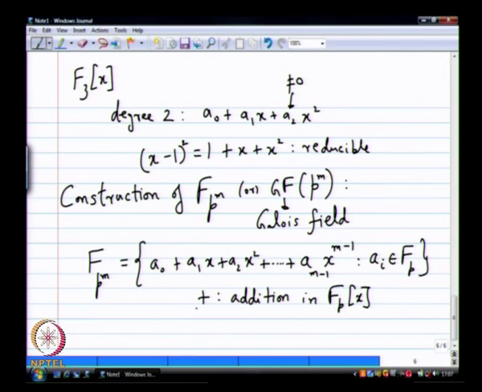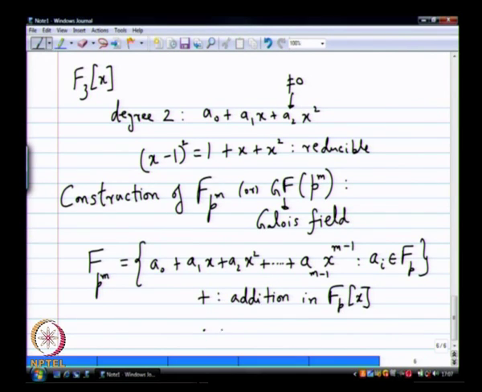You add any two polynomials of degree less than or equal to m minus 1, you will definitely get a polynomial of degree less than or equal to m minus 1. There is the 0 polynomial which acts as the 0, and every element also has an inverse. You simply take minus of that, you get the inverse, and it is also in the same field. For multiplication, you will need an irreducible polynomial.